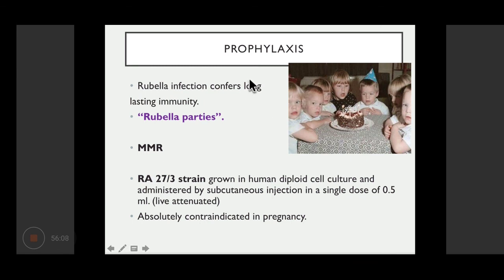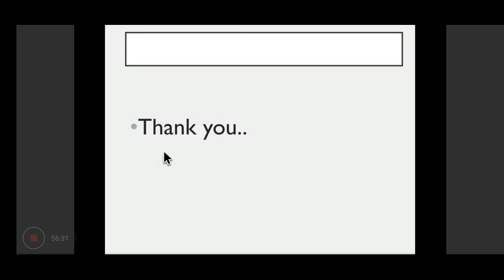So young girls would deliberately be infected with rubella so that they would develop long-term immunity. But again, this is not a good or approved method, but still it was practiced sometimes. Now we do have a very good vaccine, the MMR vaccine, included in our national immunization schedule.